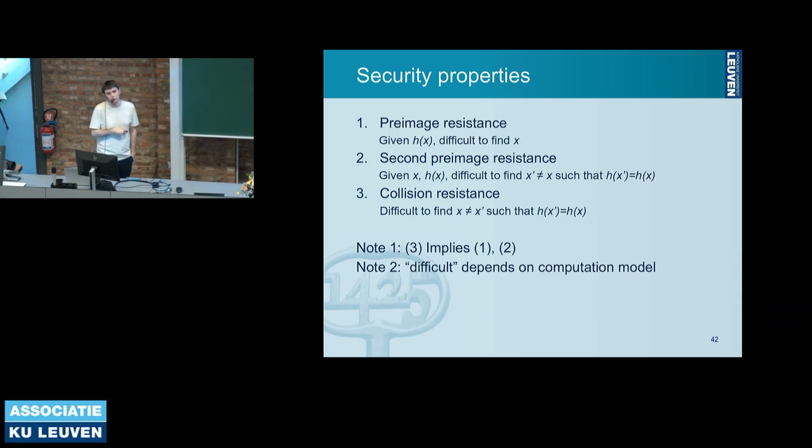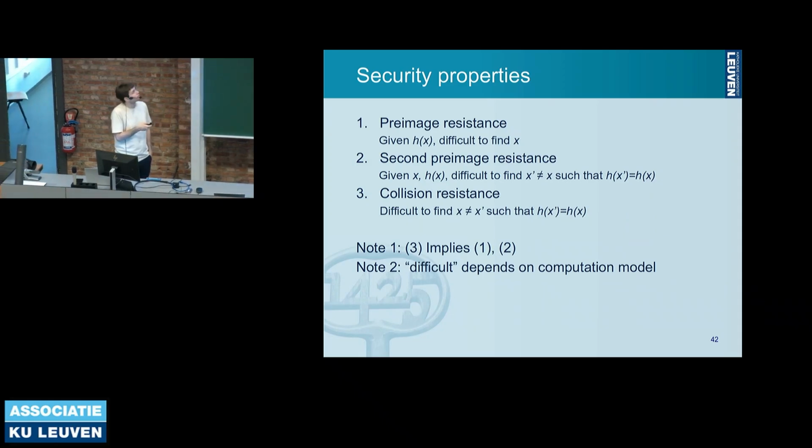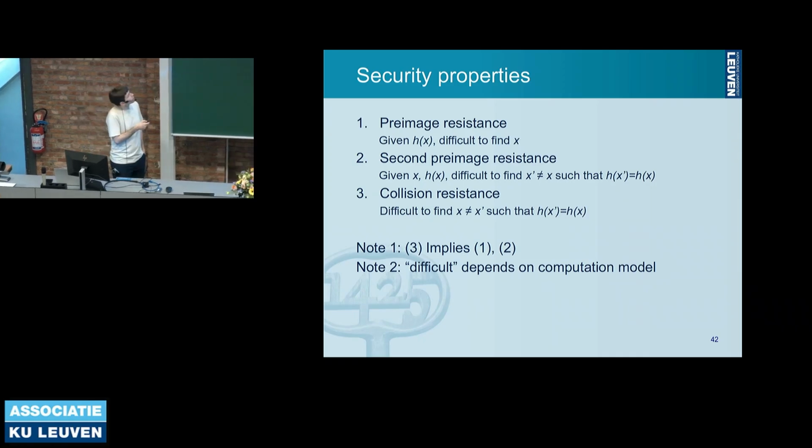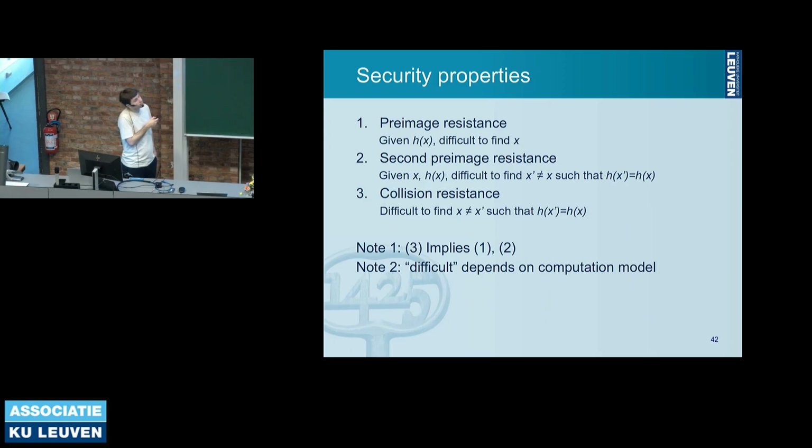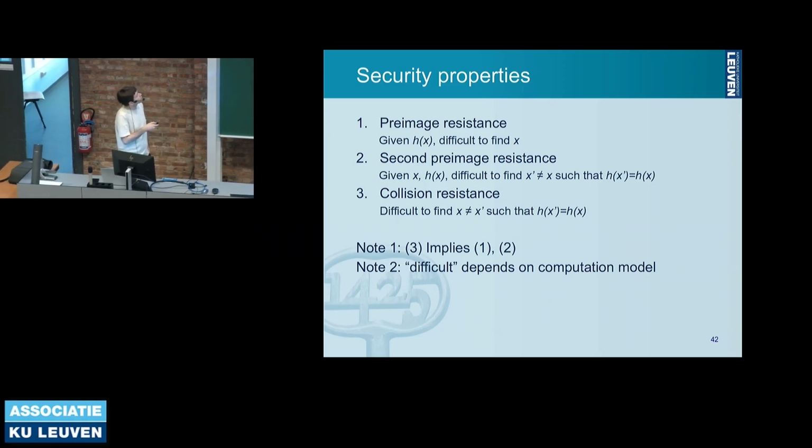And then you should find another input, x prime, with the same hash. So it's a bit similar to collision resistance, but you actually need it to be a specific hash of another input. It's much more difficult generically than this collision problem, which is to find any two inputs with the same hash.